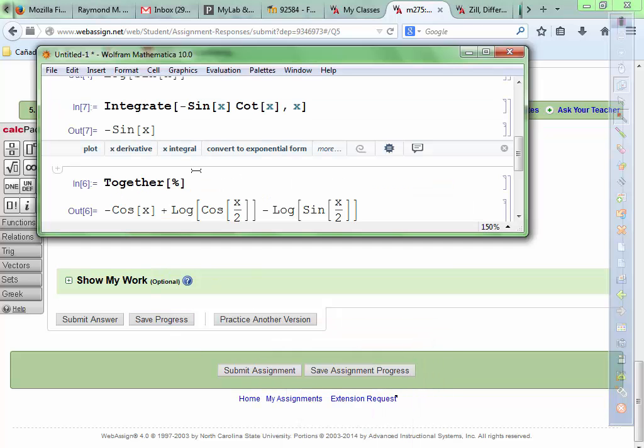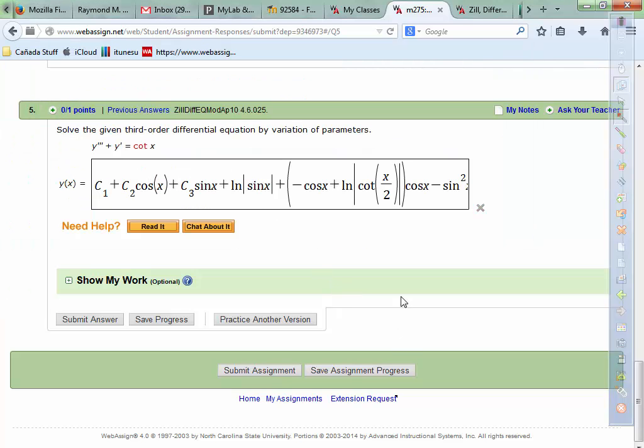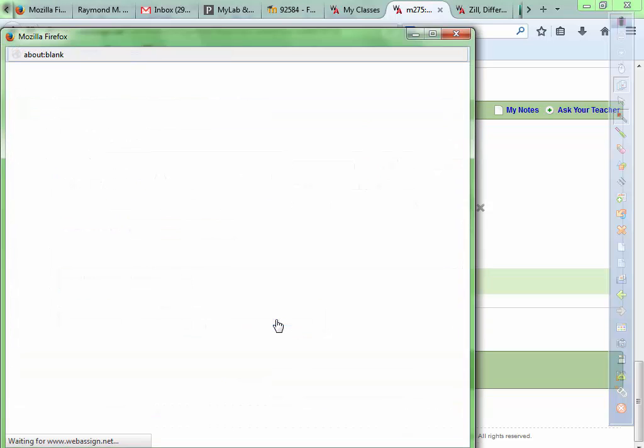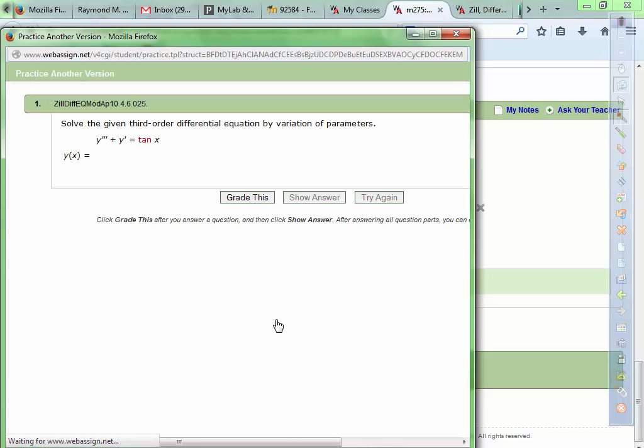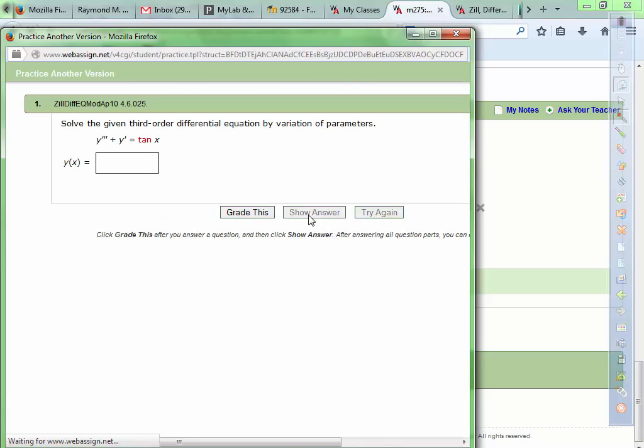Let's see. We practice in revision and see how the answer actually, like the syntax of the answer. If I practice another version, can I come back to the same problem? Sometimes just the syntax. Show answer?